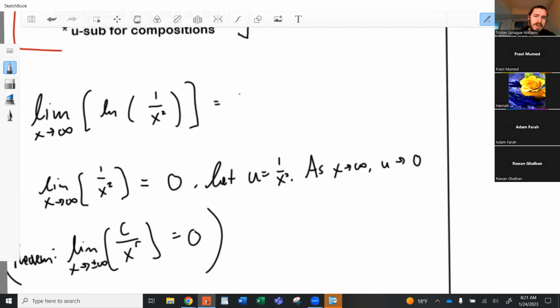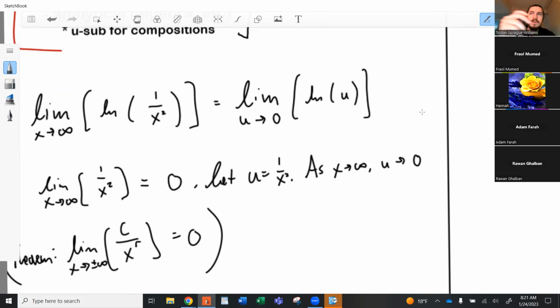I can rewrite this original limit as the limit as u approaches 0 of the natural log of u. Okay. Now I've simplified the limit. It's no longer a composition. This is the u substitution approach, where we're replacing our 1 over x squared with a u.